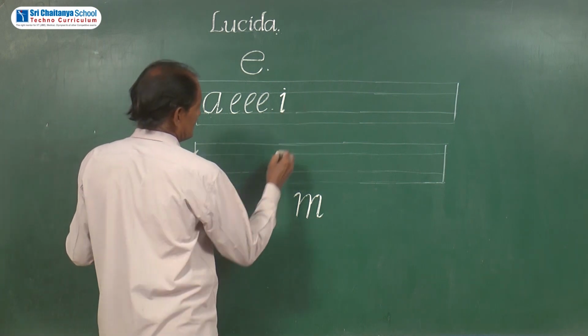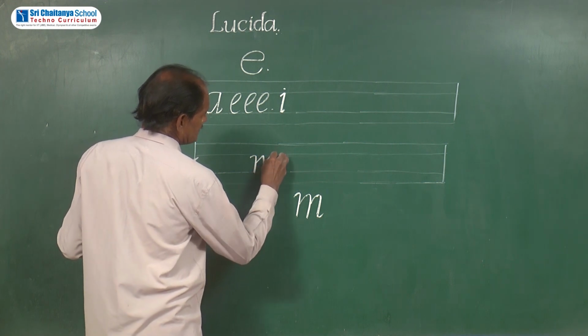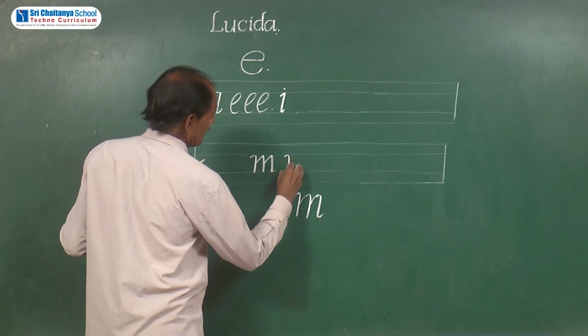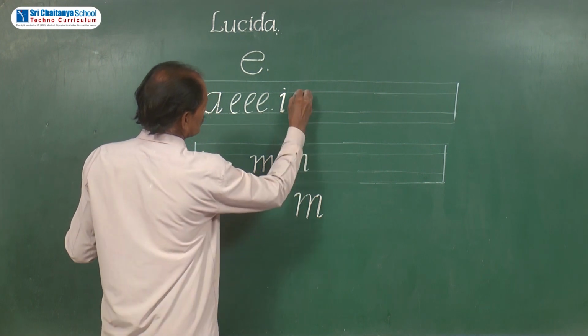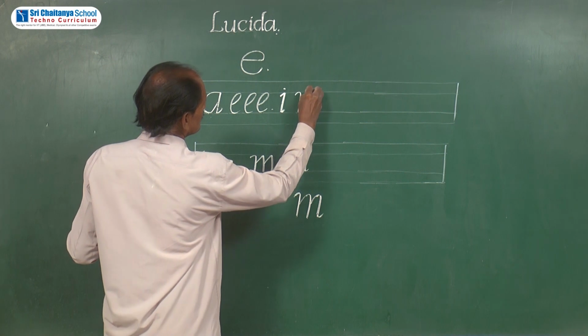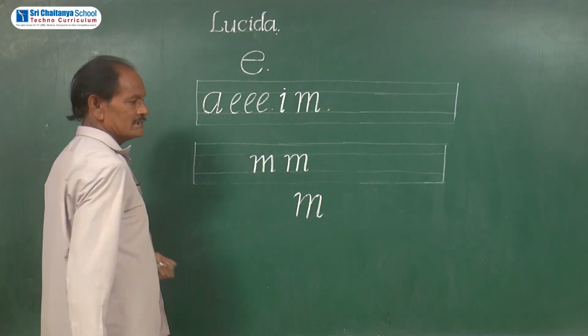Don't write like this but write in this way, like this we have to write. I am going to write again. Like this we have to write.